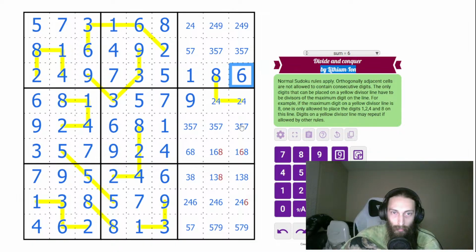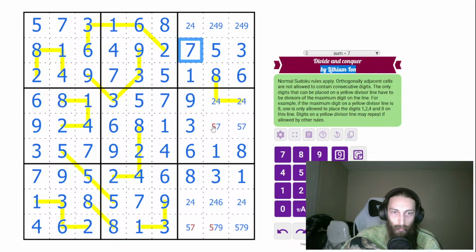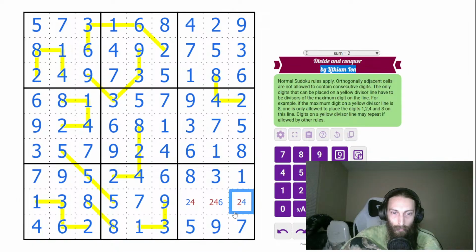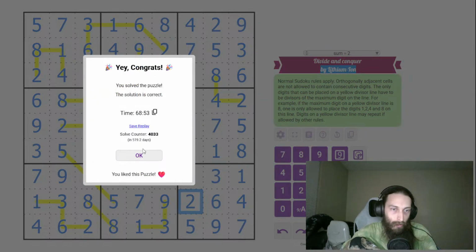Right. 2 and 4 can't be next to 3. 6, 3 is a 3. 8 can't be next to 7. 4 can't be next. Yeah. Okay. That took longer than it should have.